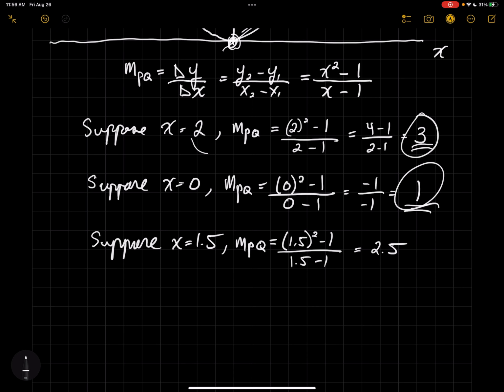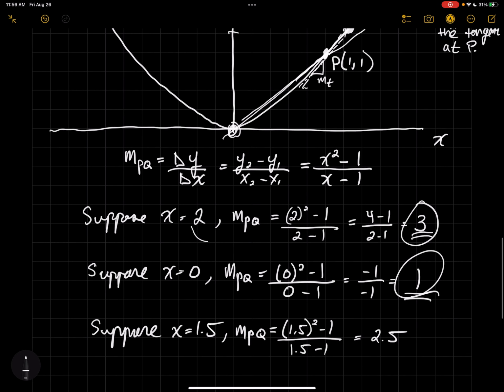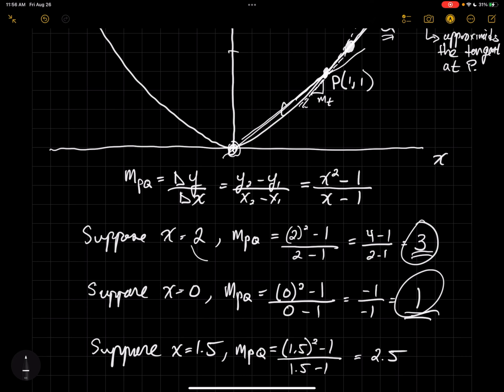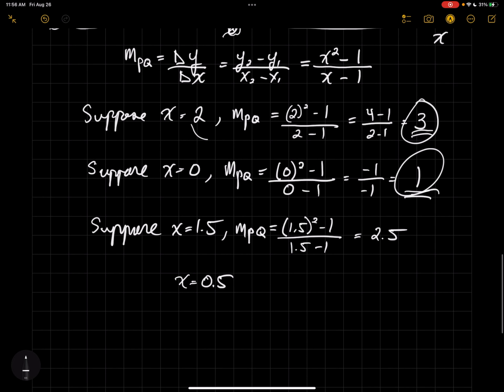So let's then say, what happens if I go to the left of P by half a unit? That would be an x value of 0.5. So I've now moved Q to 0.5, somewhere here, and I can calculate my slope of the secant between P and my new location of Q. This becomes 0.5 squared minus 1 divided by 0.5 minus 1.